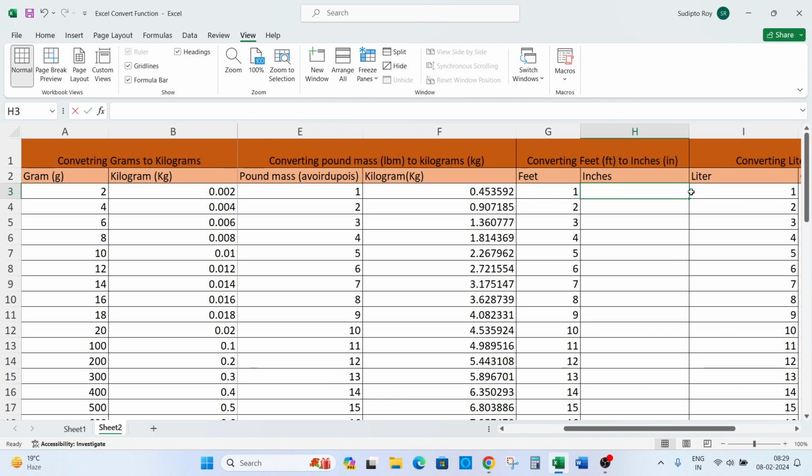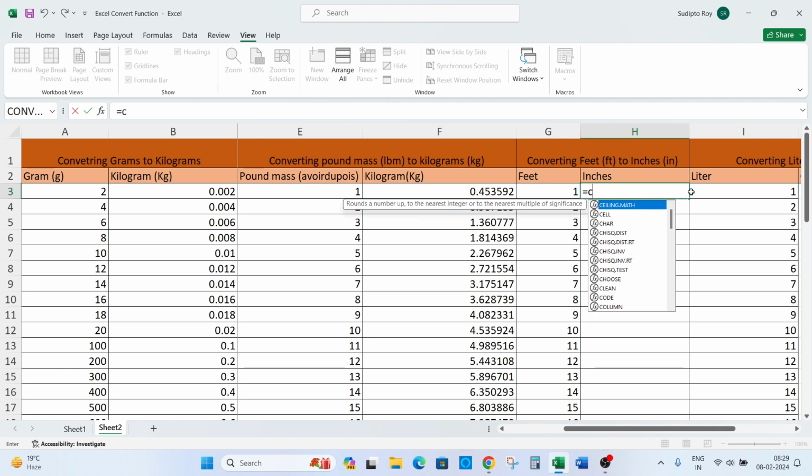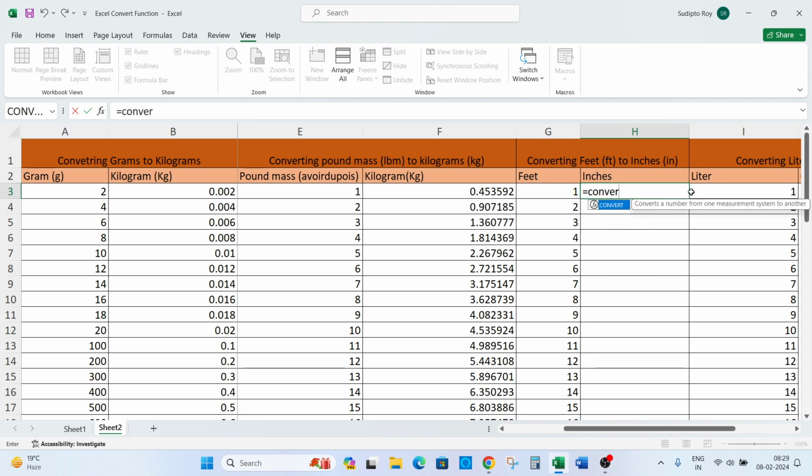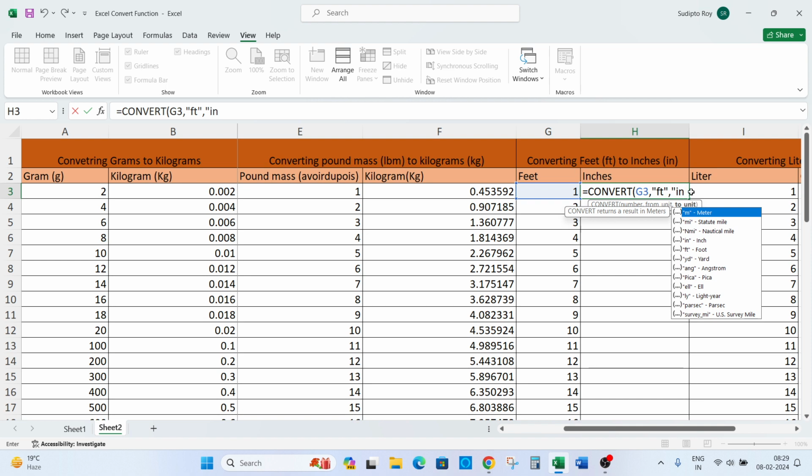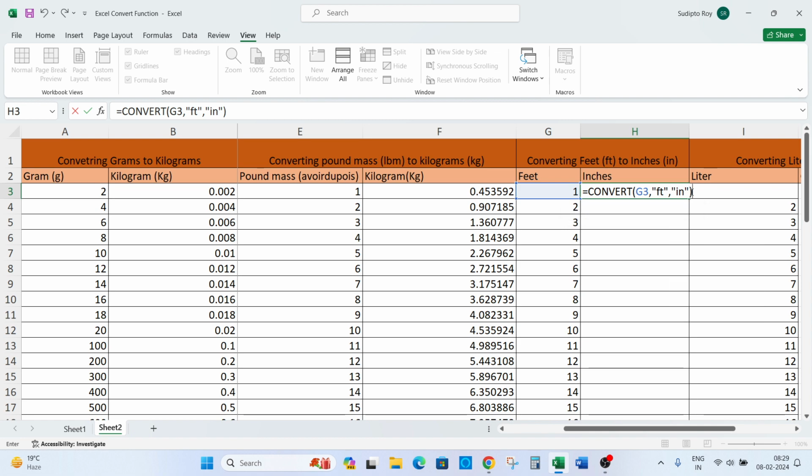What we'll do here is again use the CONVERT function, with "ft" into "in".